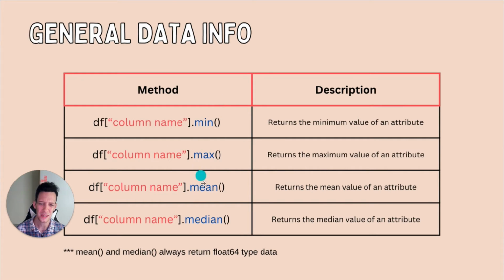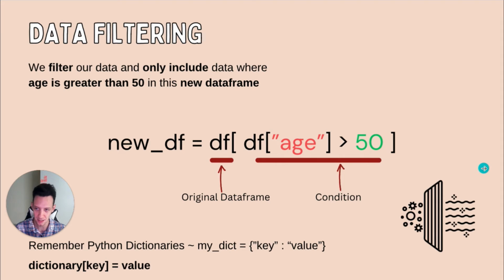So yes, we can apply these basic Python functions, but how can I really filter the data within that column? Well, we need to create a condition, just like a conditional statement, but a condition in Pandas. For data filtering, we need to only include the data where we want. In my example here, I am creating an entirely new data frame from the old one.